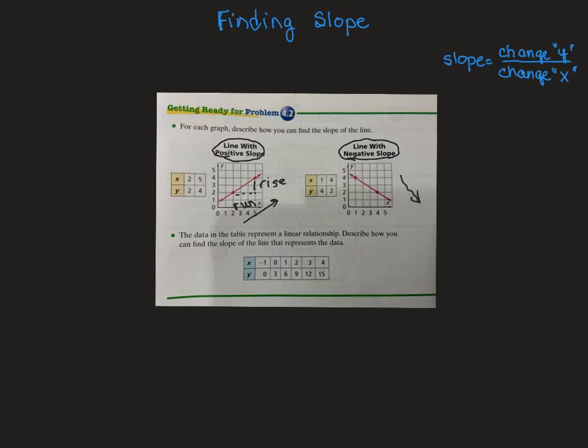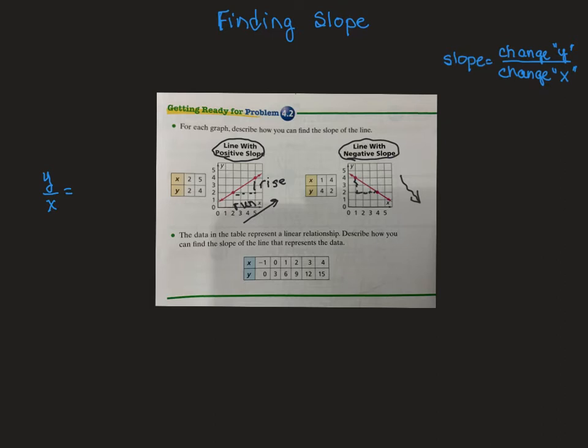In each case, I'm picking these 2 points and asking, what is the change? What is the change in y as I increase by 1 on the x? Notice in the top left-hand corner I have the formula: change in y over change in x. Where did I go in the table?